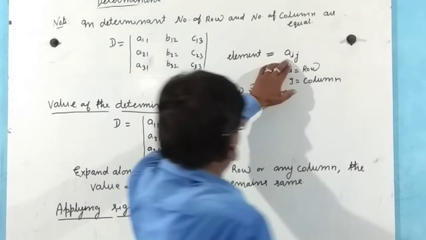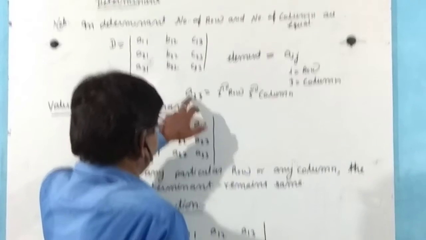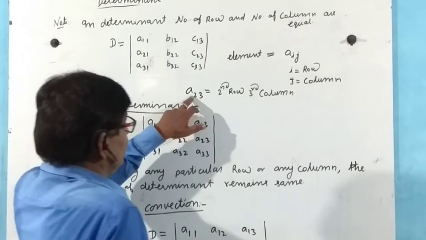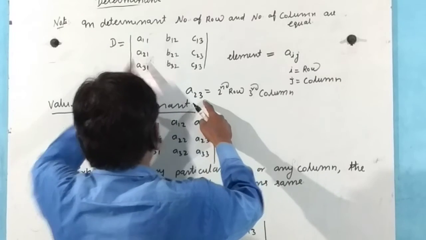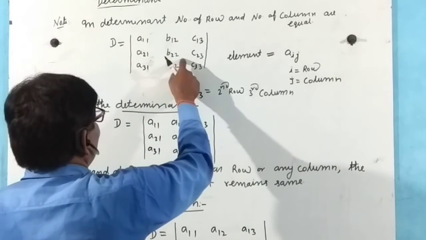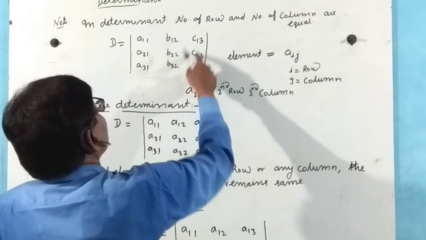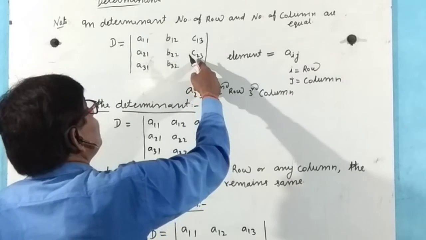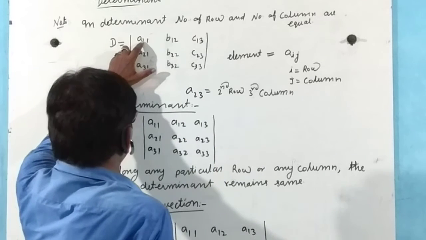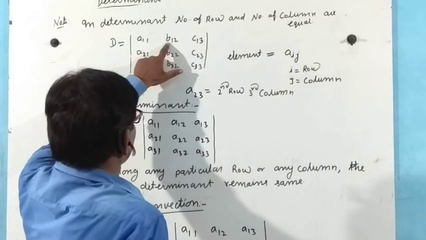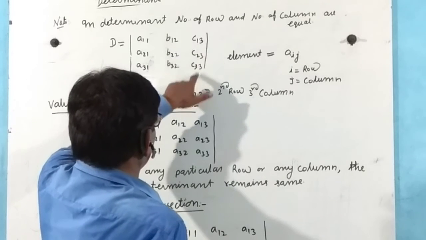An element is A I J, where I means row and J means column. It means A23, where 2 means second row and 3 means third column. C23 is the second row, third column element. This is the first row, first column element; first row, second column element; first row, third column element.